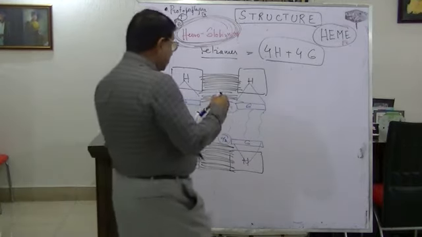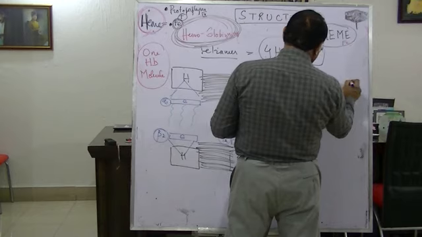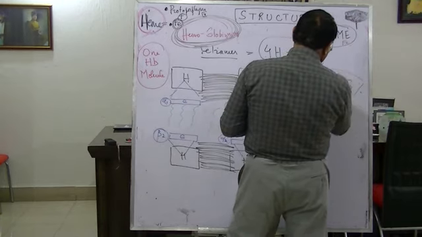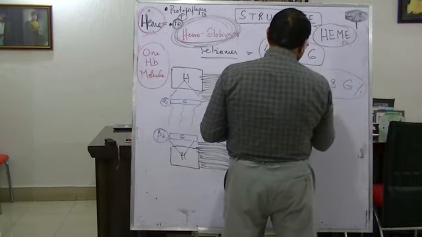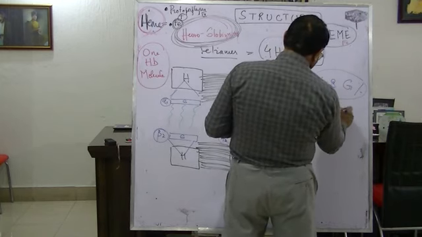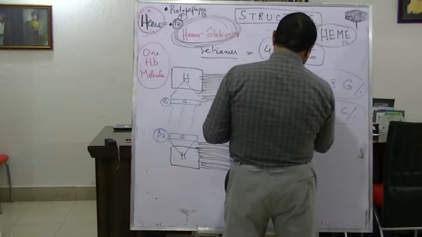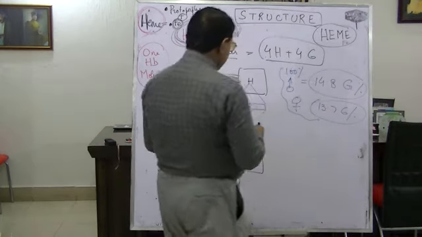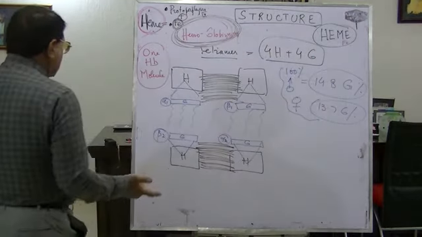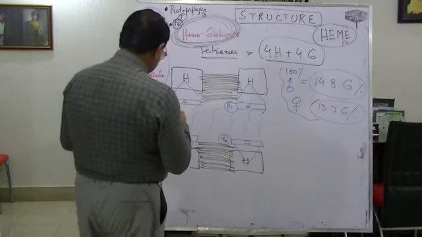The normal levels are 14.8 gram percent in males. This is taken as 100% hemoglobin. In females it is 13.7 grams percent. Now where is the oxygen attached?